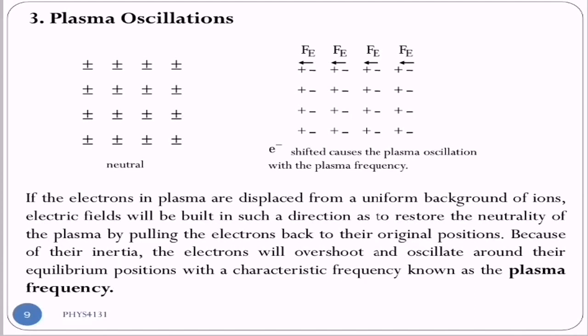If the electrons in plasma are displaced from a uniform background of ions, electric fields will be built up in such a direction as to restore the neutrality of the plasma by pulling the electrons back to their original positions. Because of their inertia, the electrons will overshoot and start oscillating around their equilibrium positions with a characteristic frequency known as the plasma frequency.